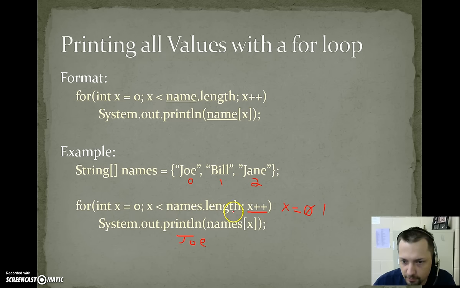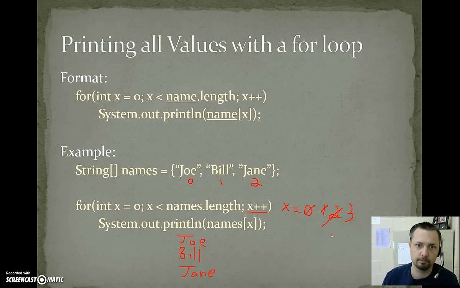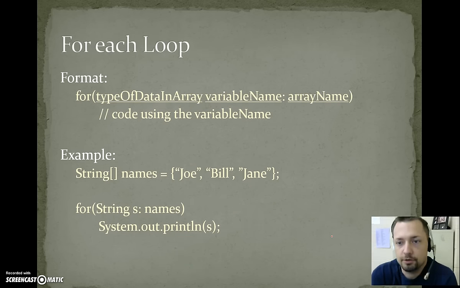Is 1 less than 3? Yes. So we would print Bill, because that is the value at location x, and x is a 1. Then x changes to a 2. Is 2 less than 3? Yes. So we print names 2, Jane. X changes to a 3. Is 3 less than 3? No. We're done.